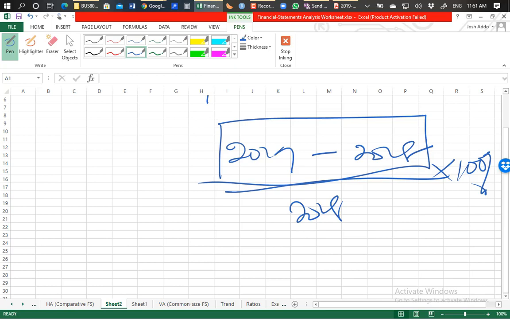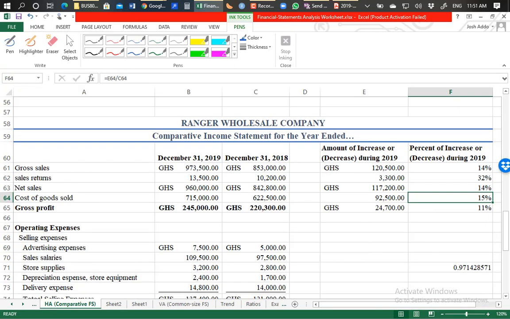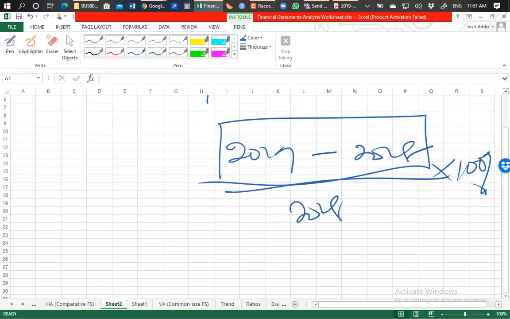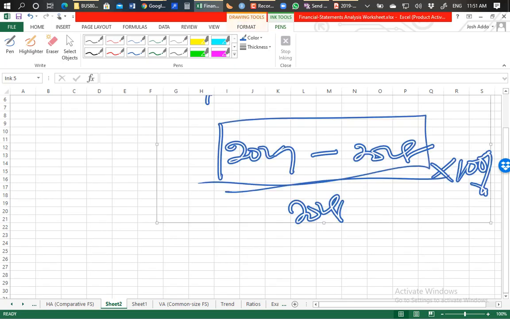So we have it calculated here in the columns. 2019 minus 2018 for gross sales is 12,500. So we only need to do the remaining formula, which is dividing that change by the 2018 figure and then converting it to percentage.